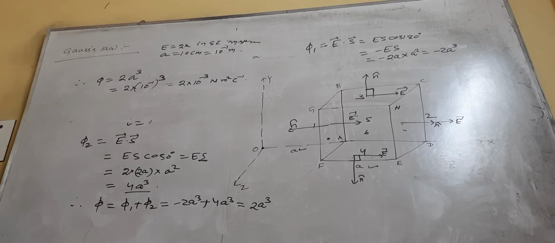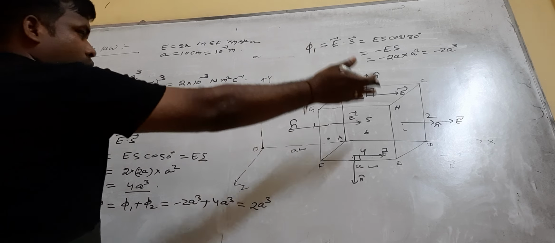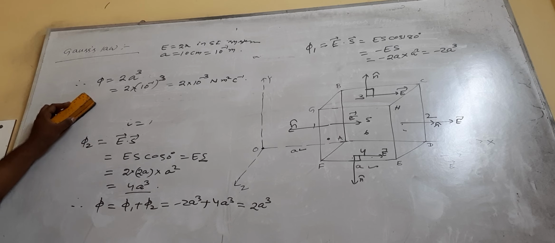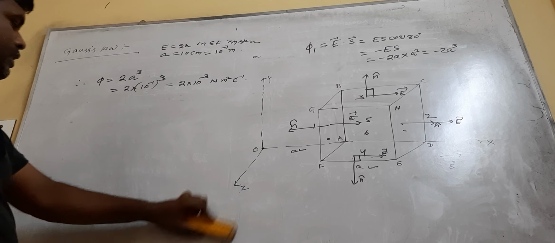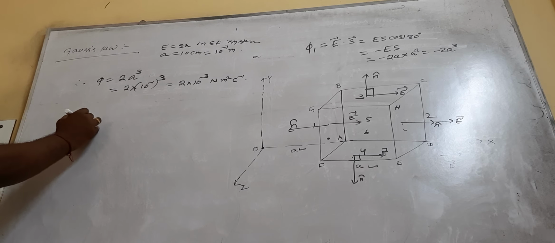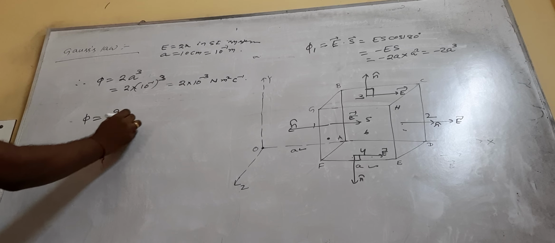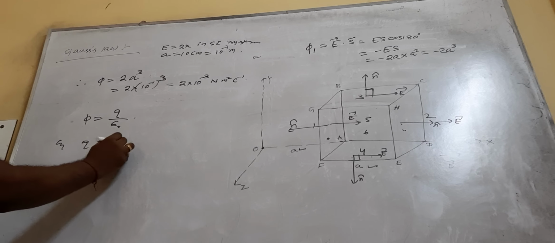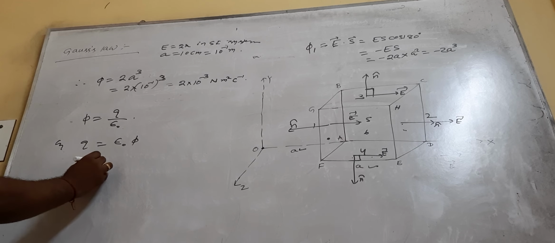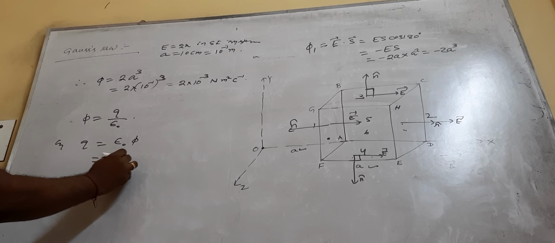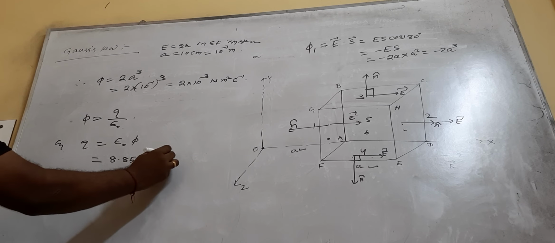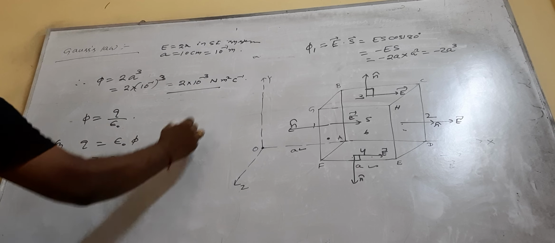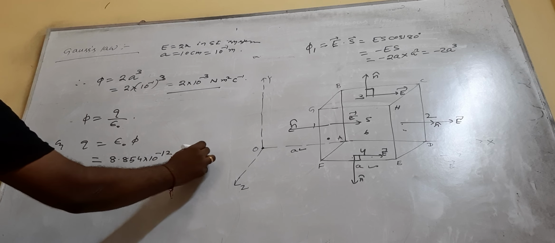So now we got the electric flux linking with the whole cube. What is the charge enclosed by the cube? You put Gauss law, phi is equal to q by epsilon 0. Q is equal to epsilon 0 into phi. What is epsilon 0? You know, 8.854 into 10 to the power minus 12, and phi you got 2 into 10 to the power minus 3.